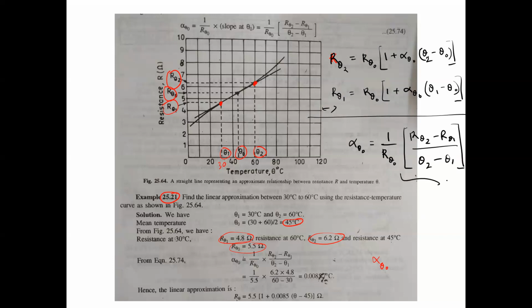Here this term is nothing but the slope of the approximate straight line that has been considered for this particular example. So the slope of this line.